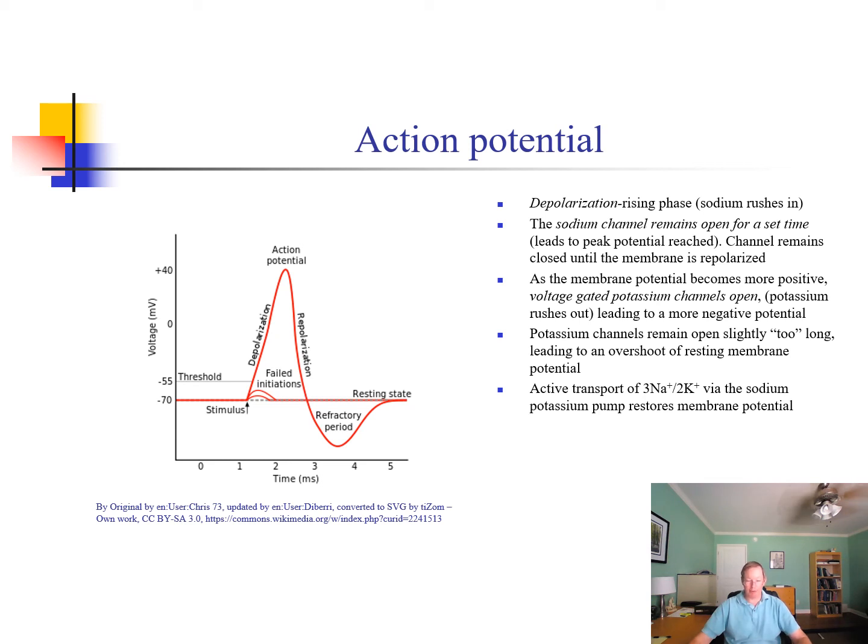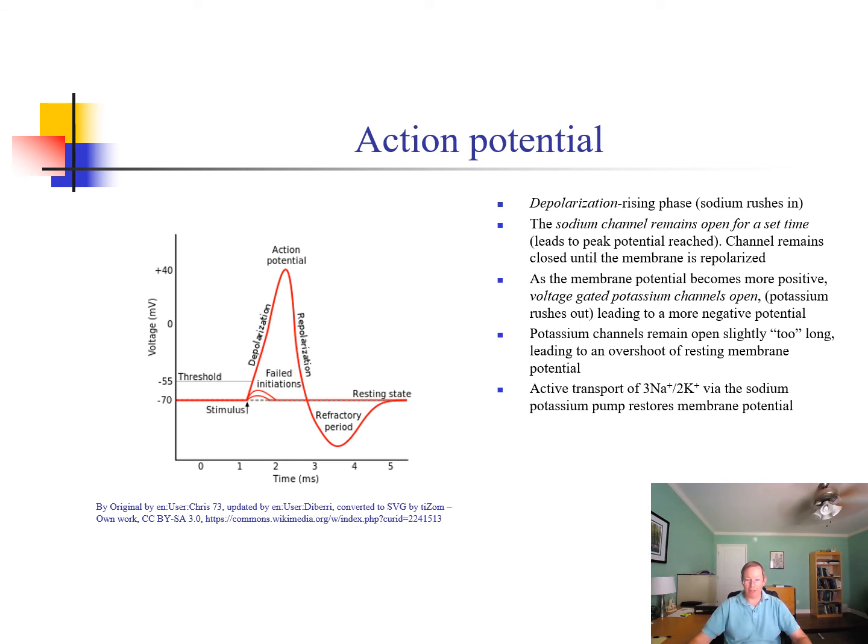For example, if this is a muscle cell and I have a nerve impinging upon that neuromuscular junction, releasing acetylcholine, which is binding with the muscle's acetylcholine receptor and allowing a sodium ion channel to be opened, then the sodium will be moving from the outside of the cell to the inside, and this will cause a change in potential to a more positive value.